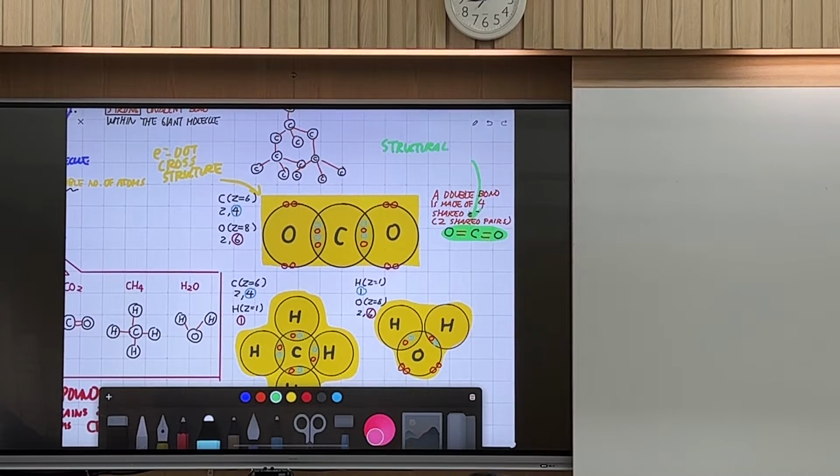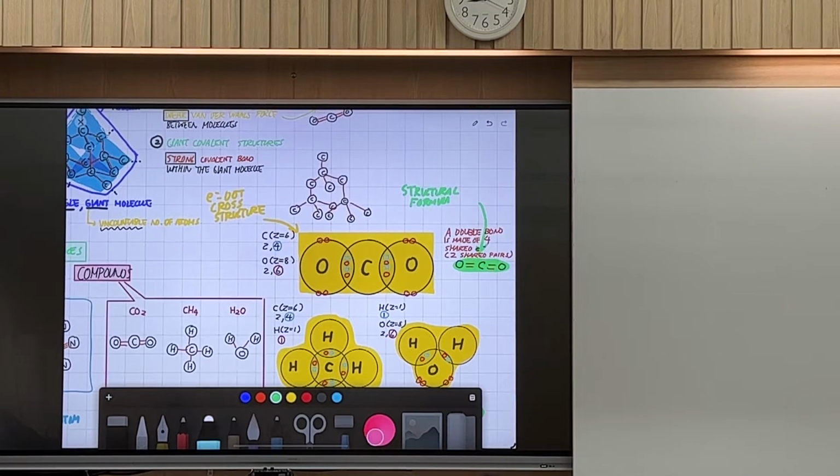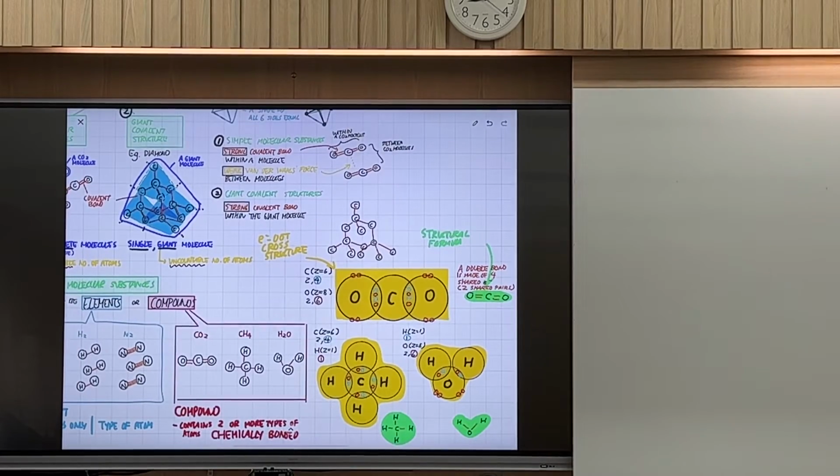Nevertheless, you can only draw the structural formula at this level from the electron dot cross structure. So you can only get the yellow one first, and after that, you can get the green one. You cannot get the green one from scratch. Is this clear? Yes.